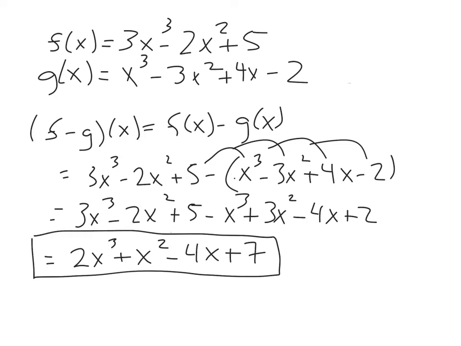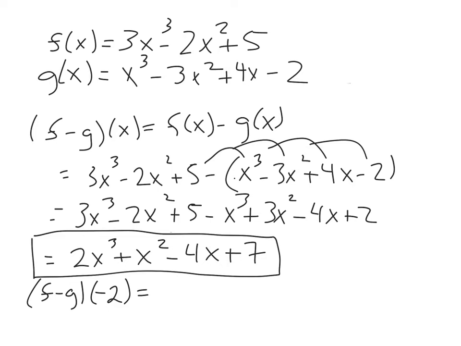Now I want to take it to the next level and say, maybe I wanted to do f minus g, not just of x, but of, let's keep it simple, negative 2, okay? Remember, I taught you guys that if I put a negative 2 there, that means I have to replace every single x with a negative 2.